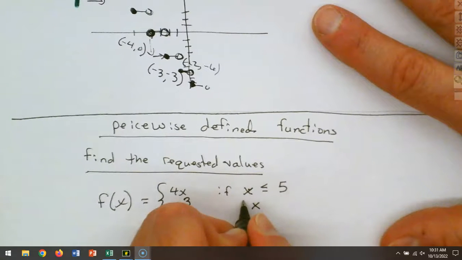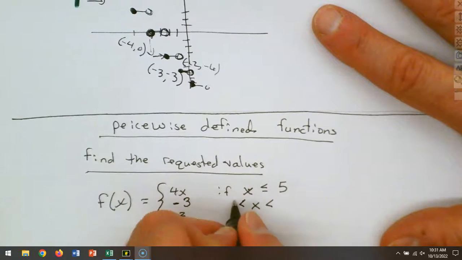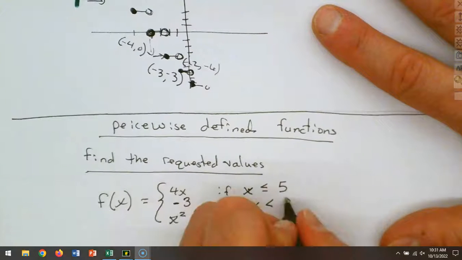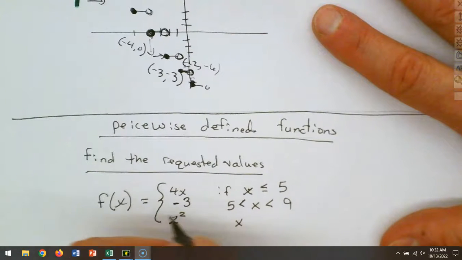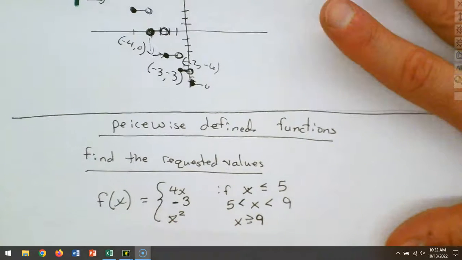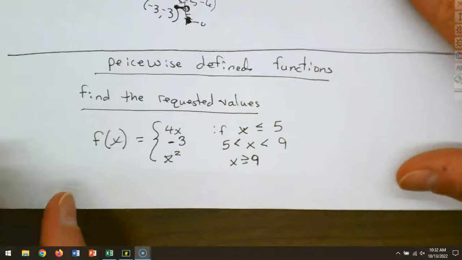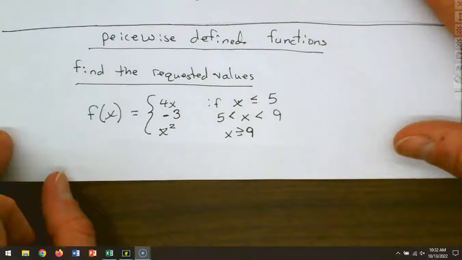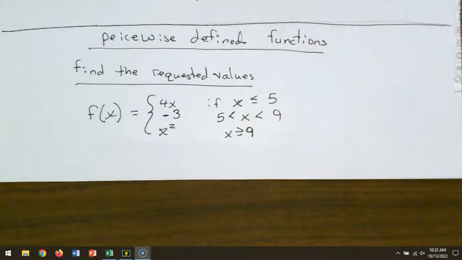How about we have x is going to be between 5 and 9. And how about if x is greater than or equal to 9? Okay, so this is a piecewise defined function. I want you to find the requested values.